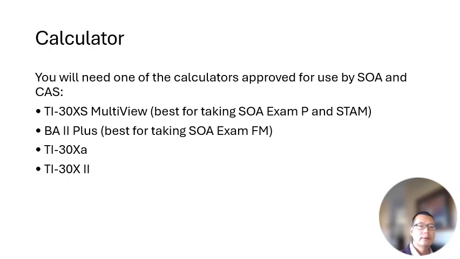Calculators. You can have different kinds of calculators, but I think in order to pass the exam, I encourage you to buy the best one, the TI-30XS, because sometimes it's very difficult when you are using a different calculator.